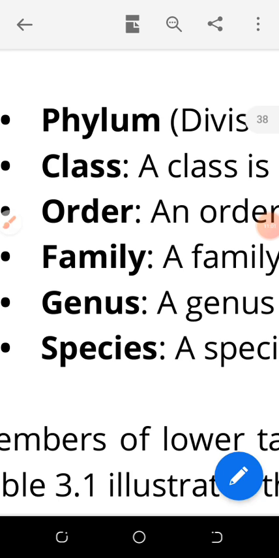A lion kid being like a lion is not the guarantee that they belong to the same species. The guarantee is that they will be able to reproduce further, meaning they must be fertile. That is the condition. If they are unable to reproduce further, it never means that they belong to the same species.